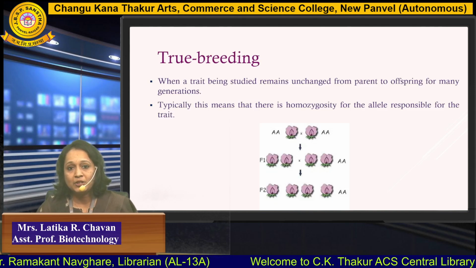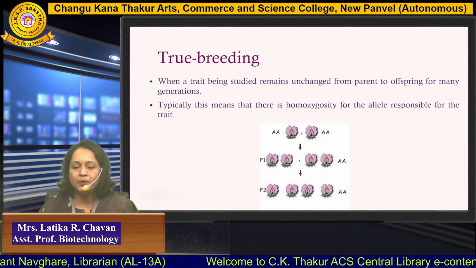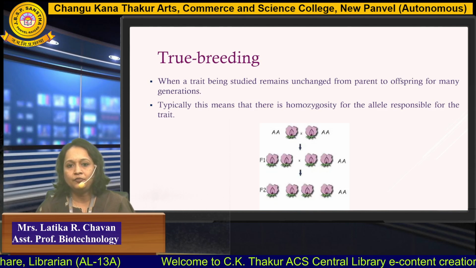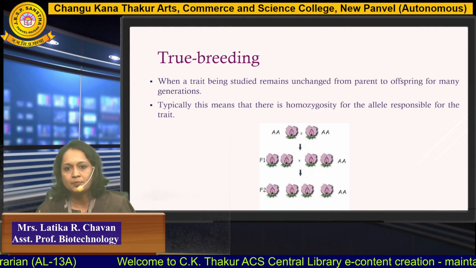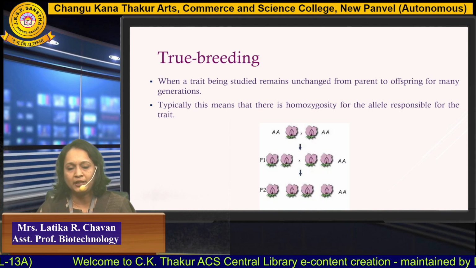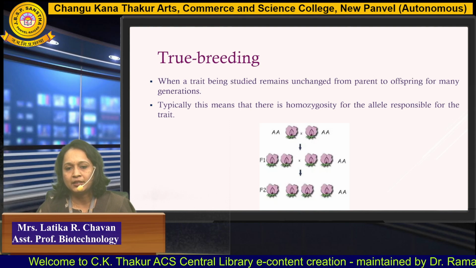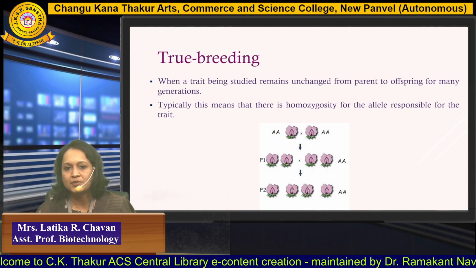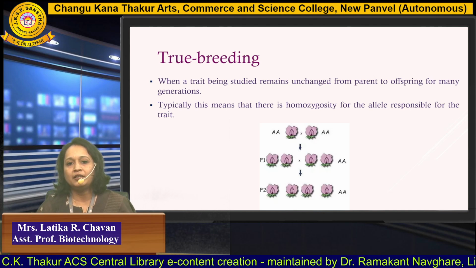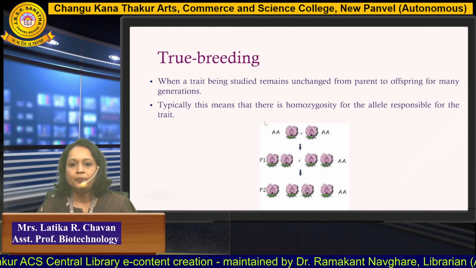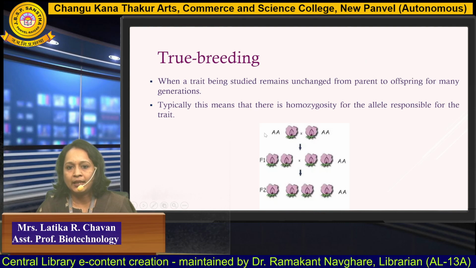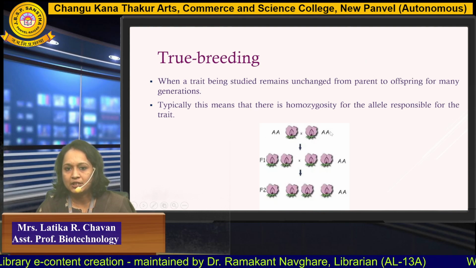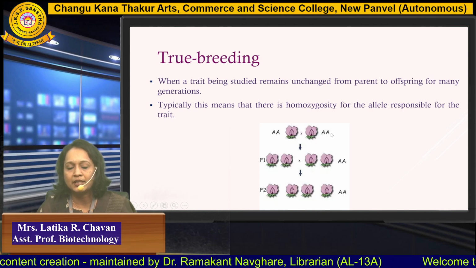The second concept is true breeding. What is the meaning of true breeding? If you do a cross between two true breeding organisms, generation to generation similar types of organisms will be produced. For example, here a cross is shown between an individual who is AA and a second individual who is AA, meaning both are homozygous dominant.